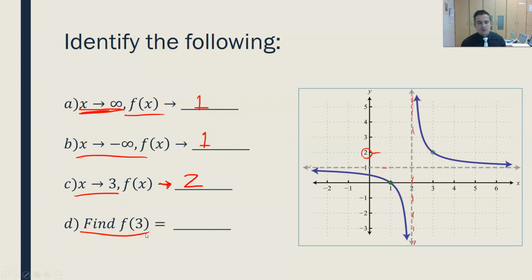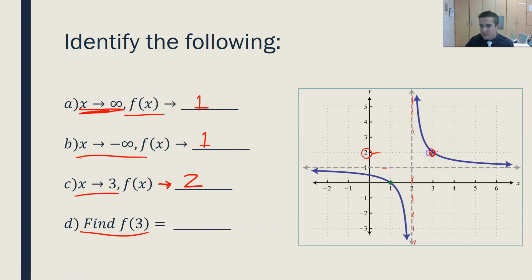Letter D, the last one here, says find f of 3. Or in other words, find the function value when x is equal to 3. So when x is right on 3, not just as I'm getting close to 3, but when I'm right on x equals 3, what is the value of this point? Well, there's a hole there. So there is an undefined value for the function.